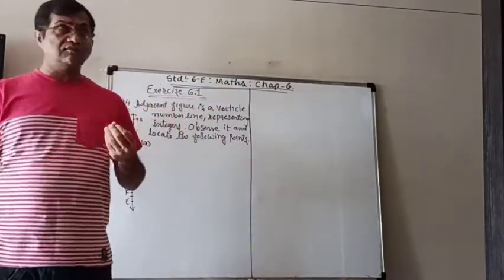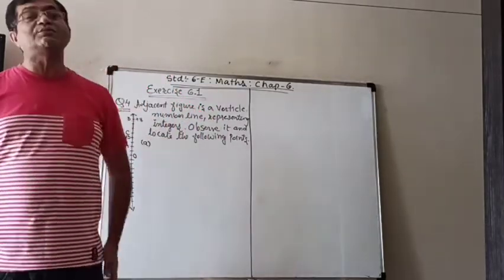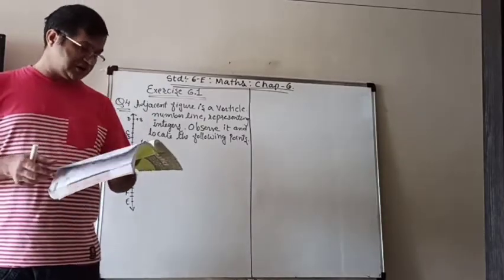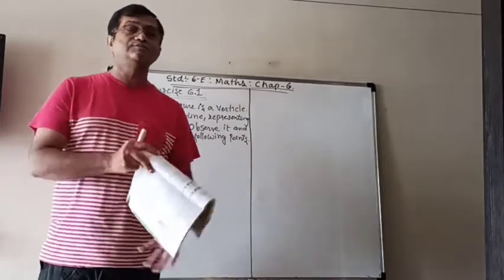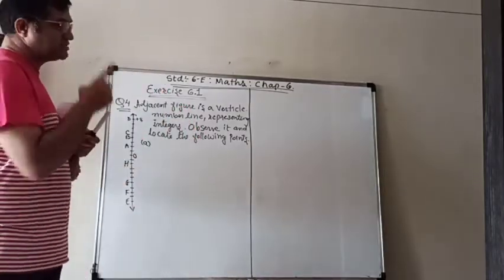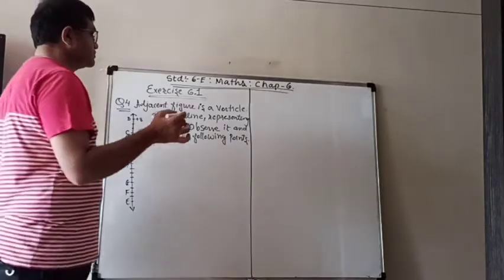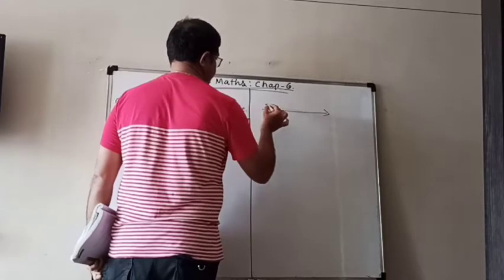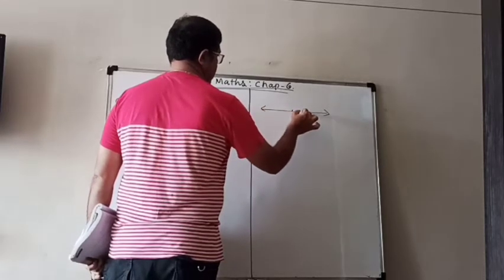Now we started exercise 6.1. We are on question number 4 now. In the last session we learned about the number line which was horizontal, like this.